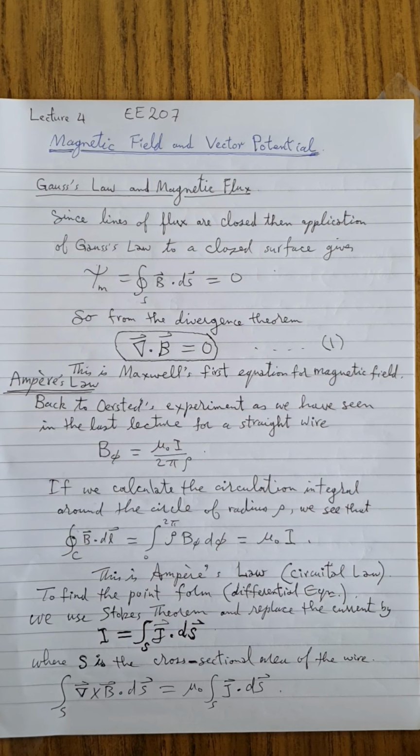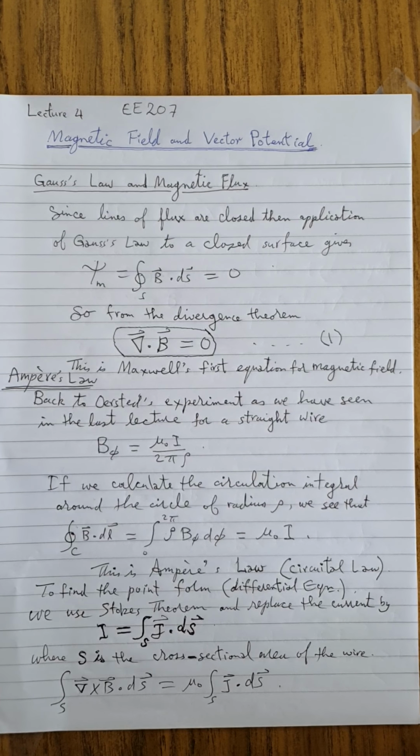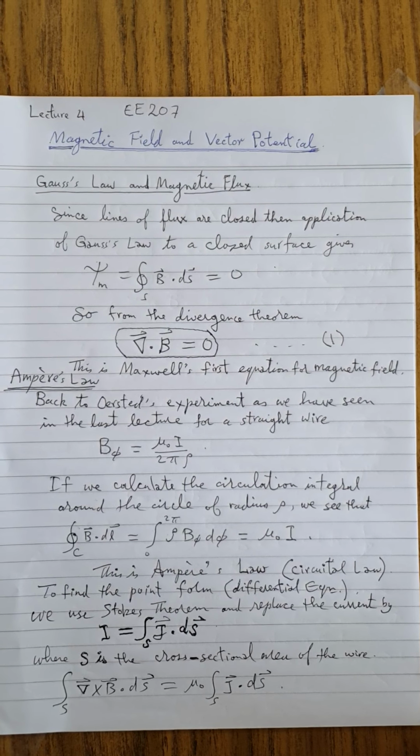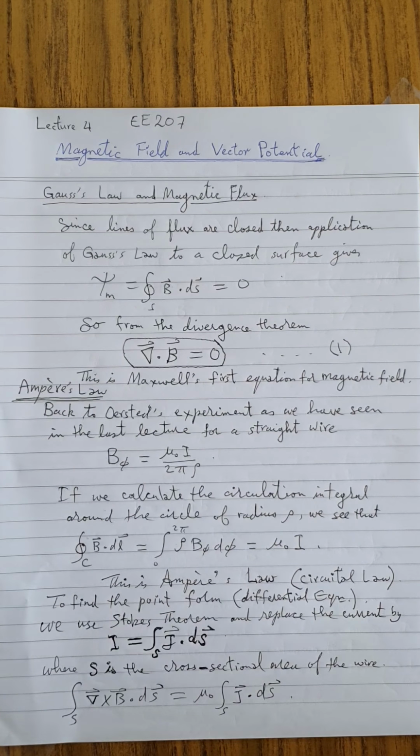If we calculate the circulation integral around the circle of radius rho, we see that the circulation integral of B dot dl is equal to the integration from 0 to 2 pi of rho B phi d phi, which reduces to mu naught I. This is Ampere's circuital law: the line integral of the magnetic field is equal to mu naught I. This is the integral form of Ampere's law.